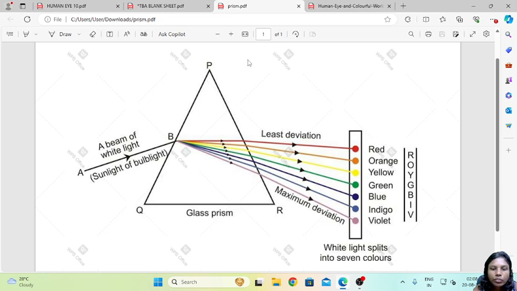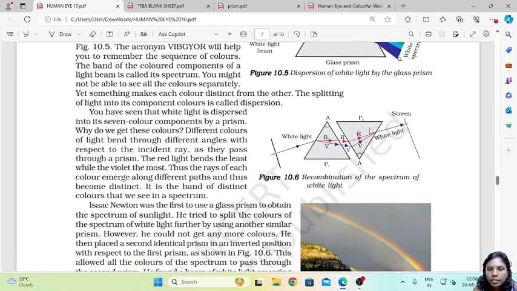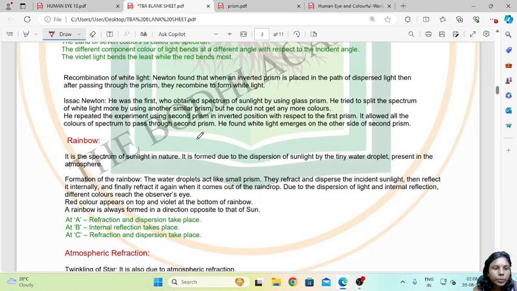If I place an inverted prism right next to it and the white light is passing, it gets bent into all the different colors, and these colors will pass through another prism, which is in the inverted form. In that case, we will get back the white light, and this was first discovered by Newton.